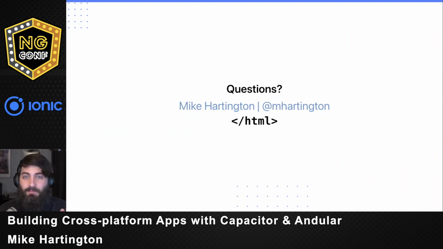For Capacitor, if you want to make use of the camera and geolocation, we have the geolocation API in the browser. And then we also have an optional library, still maintained by us, called PWA Elements, which will allow you to have access to the camera and some UI to show that just through the web.